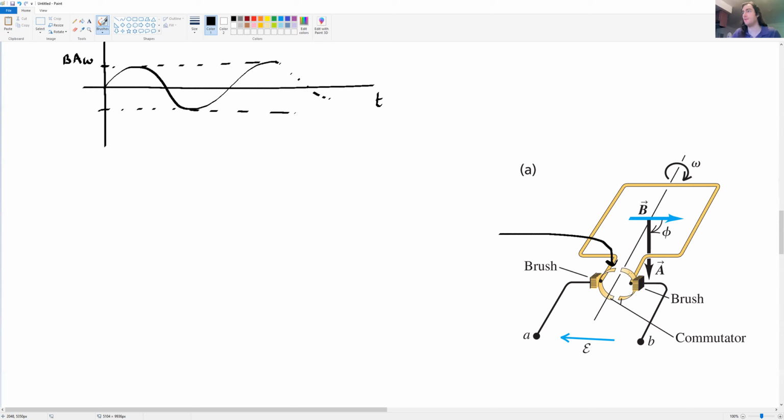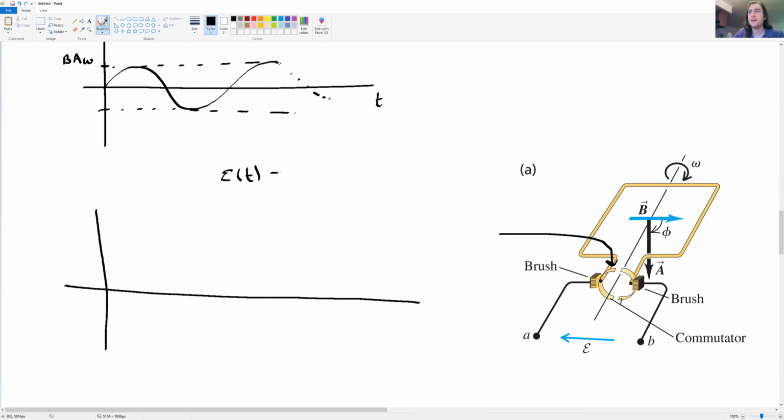So what happens here for a signal like this, it's exactly the same analysis as before, but E of t on one rotation is going to be BA omega sine omega t. However, breaking contact and then reconnecting the opposite way forces the voltage to stay positive instead of going negative.